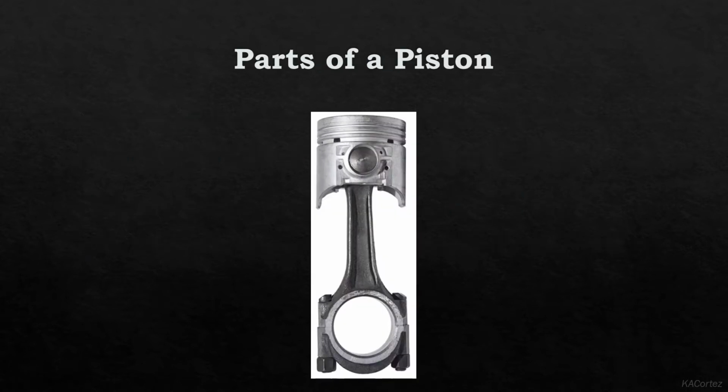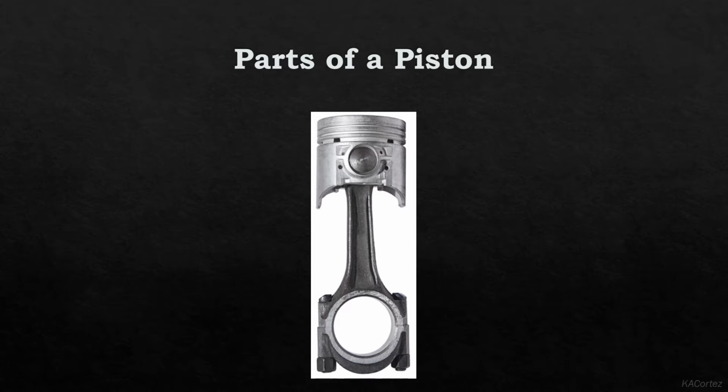Parts of a piston. The piston head is the top surface. This is directly exposed to the heat of combustion. The piston ring, which I did not mark anymore, is a metallic split ring attached to the outer diameter of a piston engine.